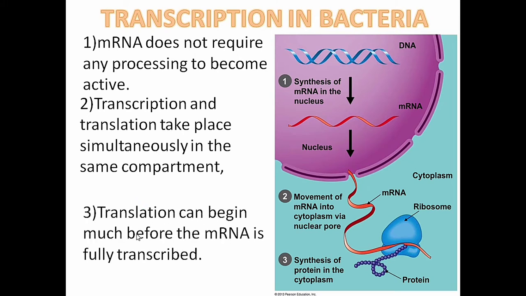Translation can begin before the mRNA is fully transcribed; in bacteria, translation can begin when the mRNA is partly transcribed. But in eukaryotes, only after the mRNA is fully formed and processed does it come out, and then translation, that is protein production, takes place.